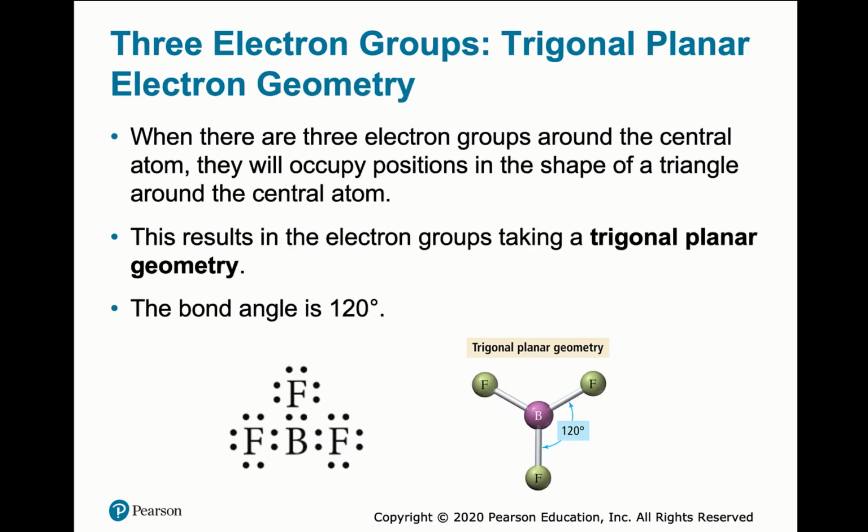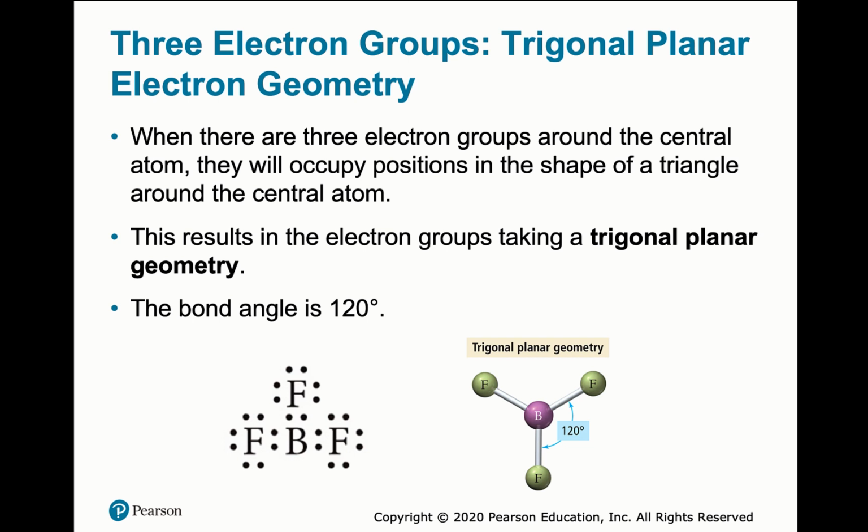And now you have three things, and these are all coplanar, meaning that they're all on the same plane. The plane is like a flat sheet of paper. With three groups all on the same plane, they will be 120 degrees apart, or if you prefer radians, 2 pi divided by 3 radians.